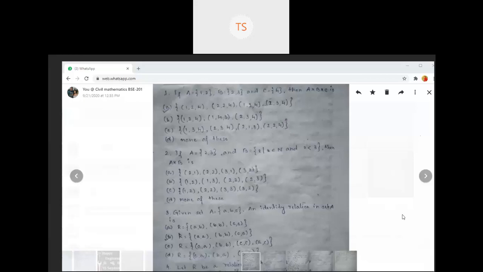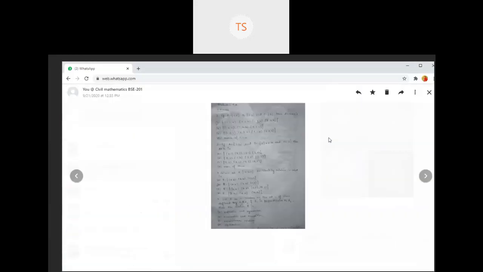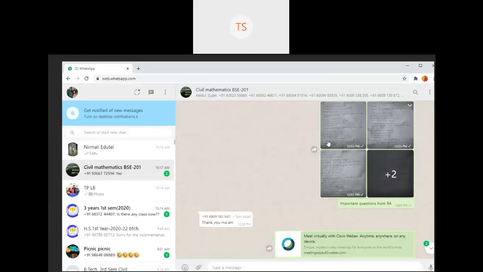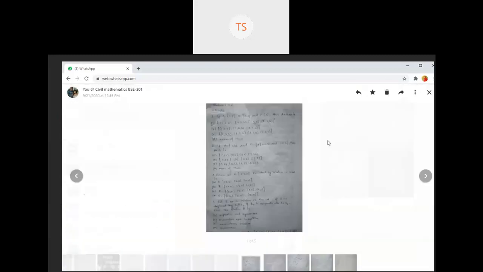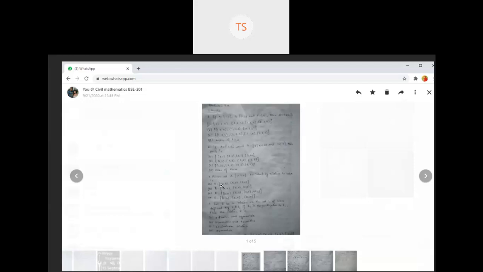Now example 3. In example 3, it is given set capital A is equal to {a, b, c}, and an identity relation in set A is... Now what do you mean by identity relation?